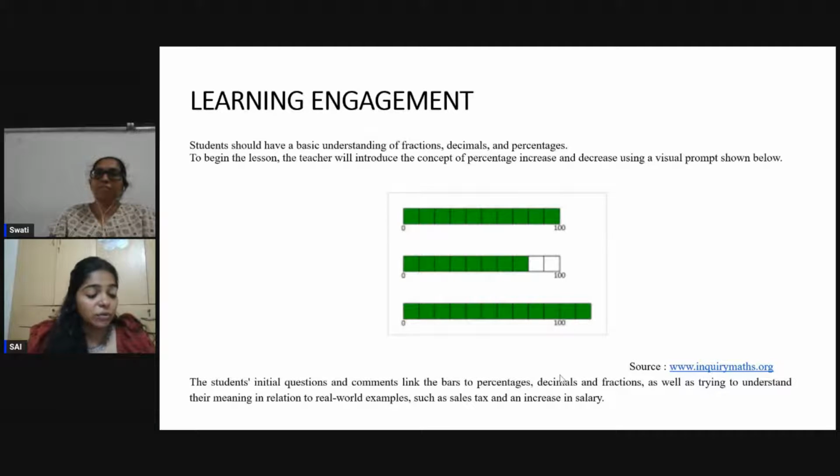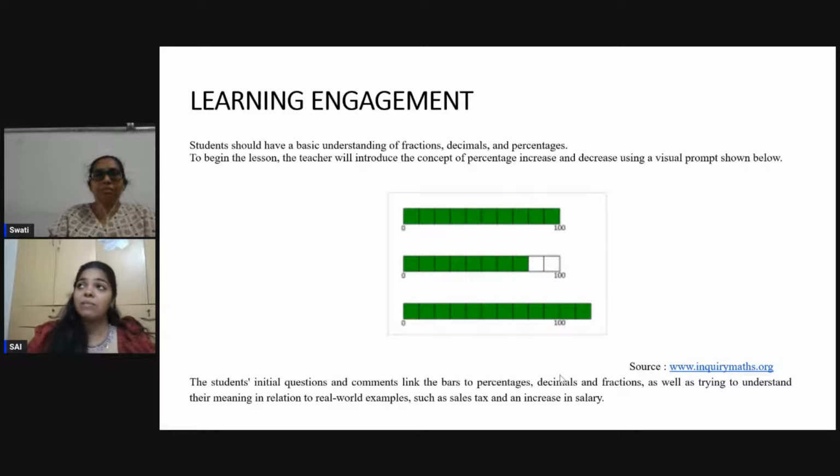A little bit of differentiation that I tried during this learning engagement is to see if students who are proficient or advanced begin to apply their knowledge by creating additional scenarios with their partners.